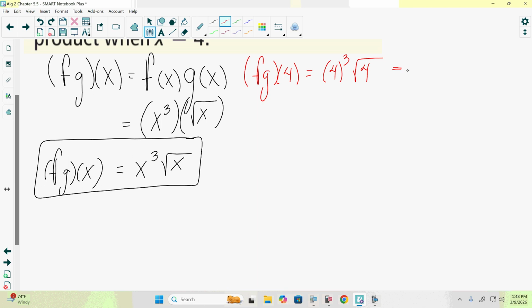Then we need to evaluate this when x is 4. So we're going to have 4 cubed times the square root of 4. We can plug this into the calculator and it'll tell us that it is 128.